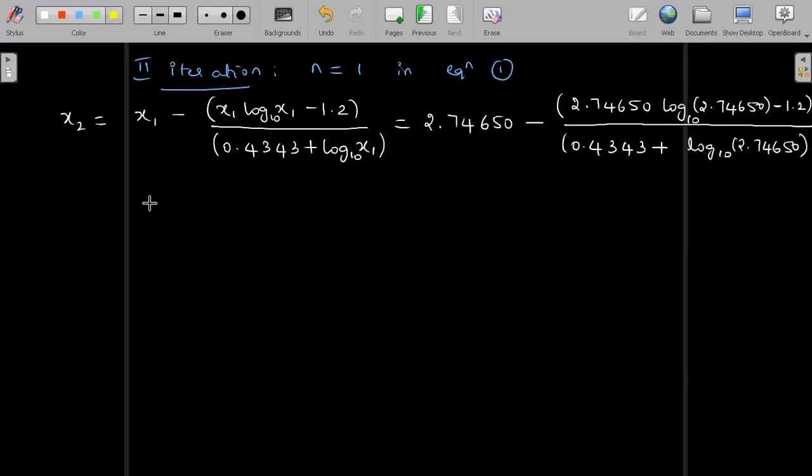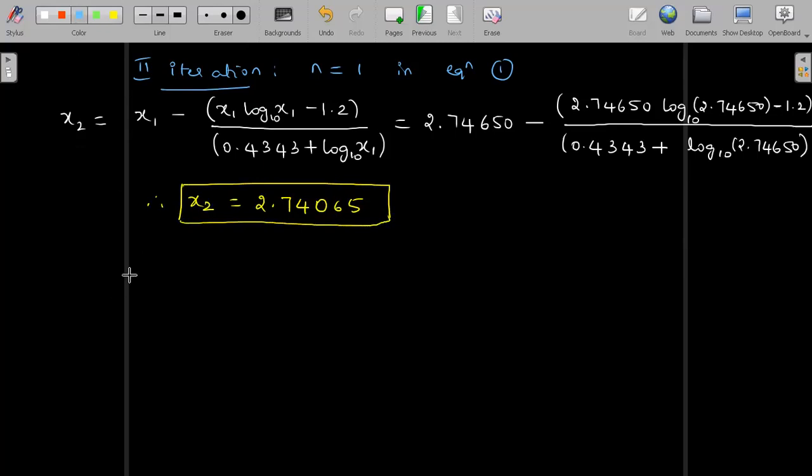Again, with the help of a calculator, we can conclude the x2 answer up to 5 decimal places as 2.74065.